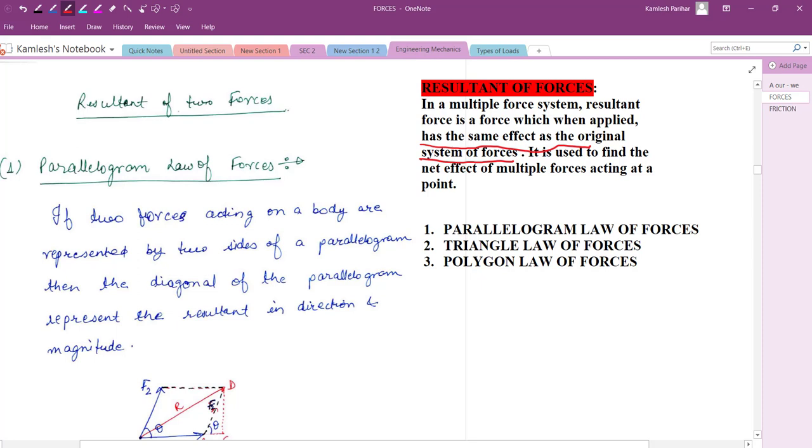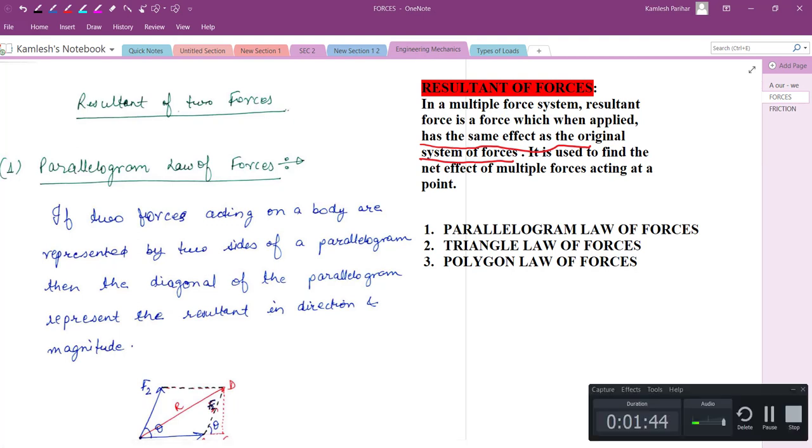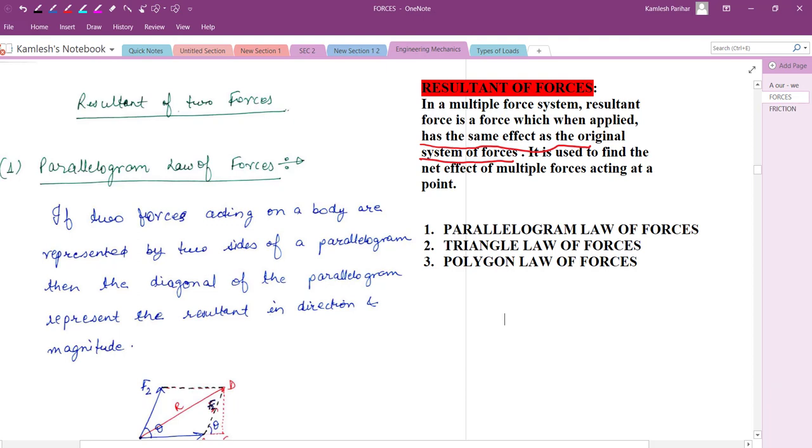Now we need to learn the mathematics of finding the resultant of forces. There are many methods of finding the resultant of forces.